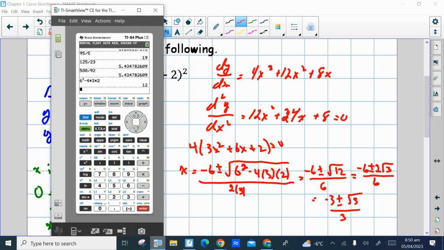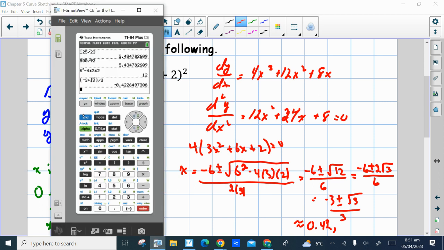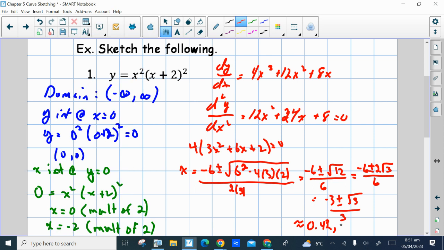To place them on the number line, we would want to know what they are as a decimal. So negative 3 plus root 3 in brackets, all divided by 3. So approximately negative 0.42. And then the other one would be negative 3 minus root 3 all over 3, which is negative 1.6 approximately.